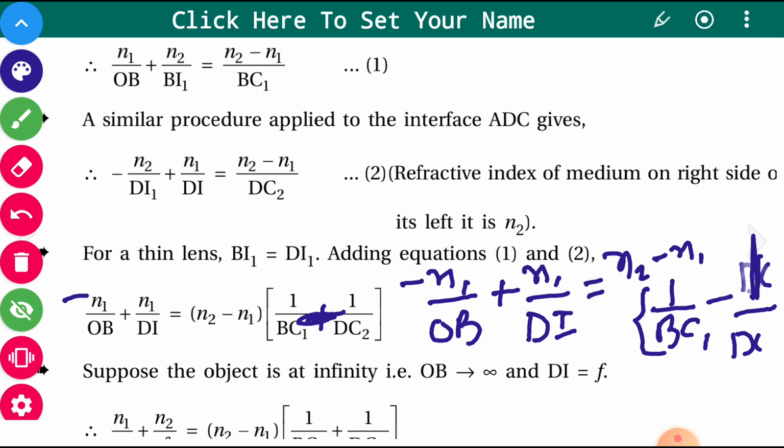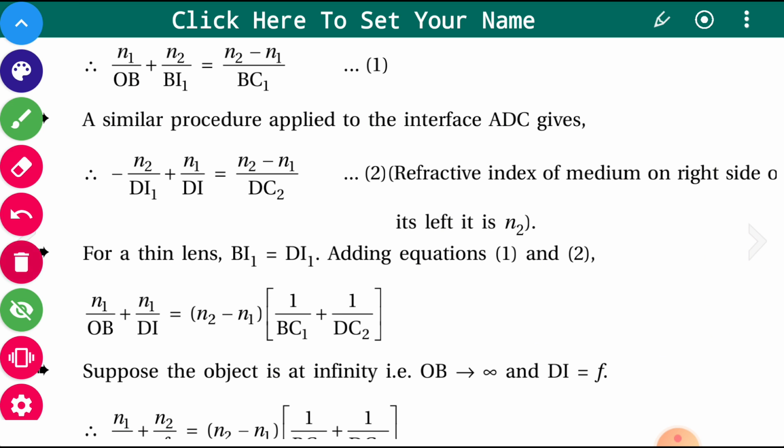Okay, so this equation will be obtained but with some changes. This will be minus n1 upon OB plus n2 upon di, that is equal to n2 minus n1 into 1 upon bc1 minus 1 upon dc2.